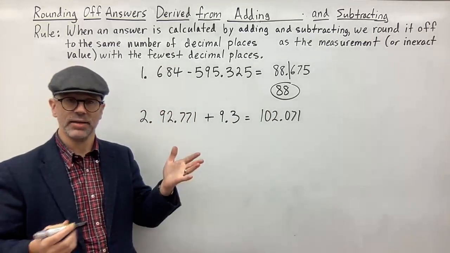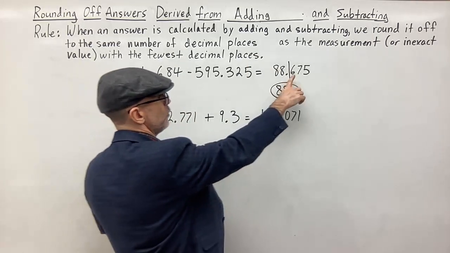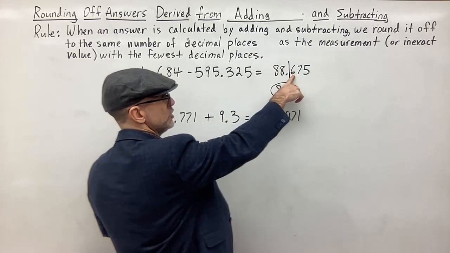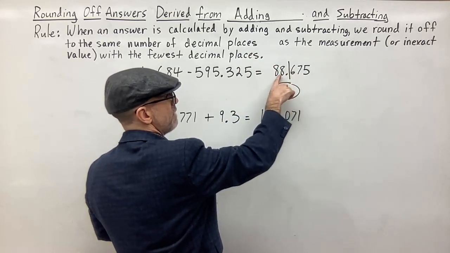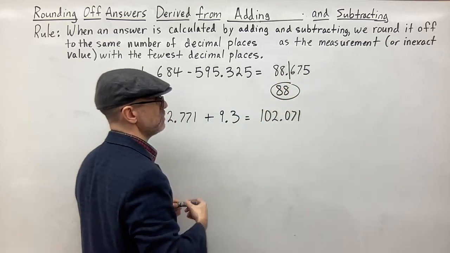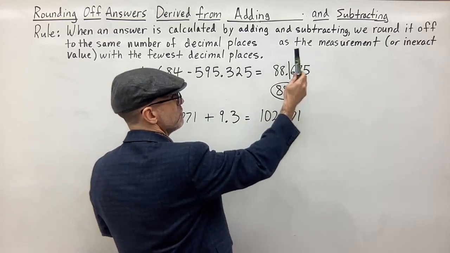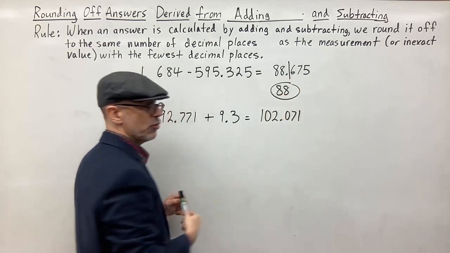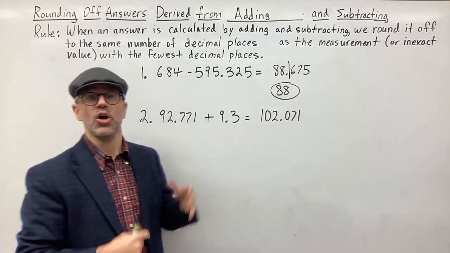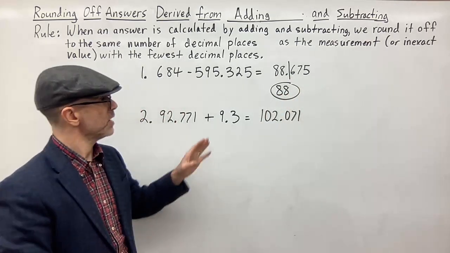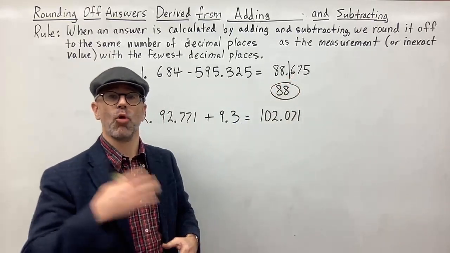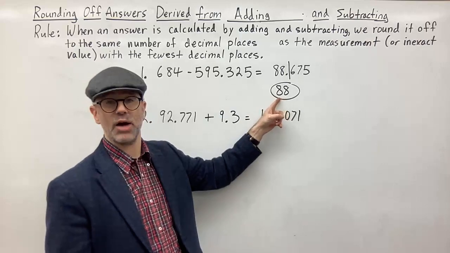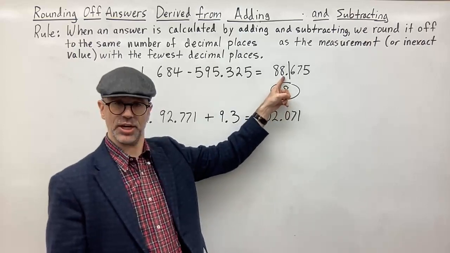But be careful that you pay attention to the next digit that follows the last digit that you're keeping. Here I have a 6. Remember, when you're rounding, if your next digit is a 5 or higher, then you need to round up the last digit that you're keeping.